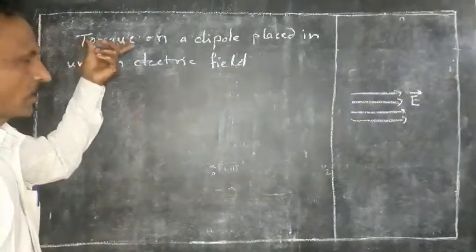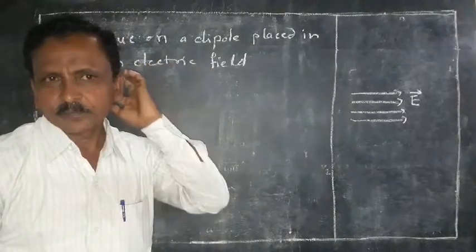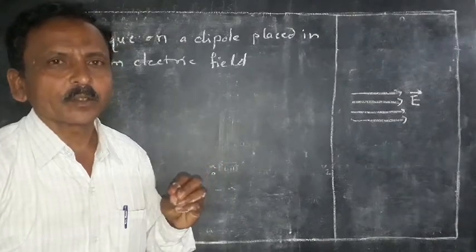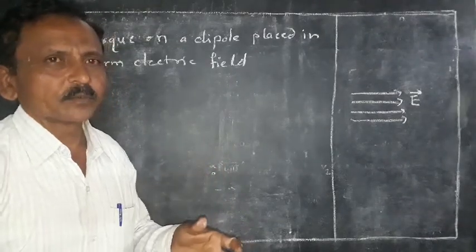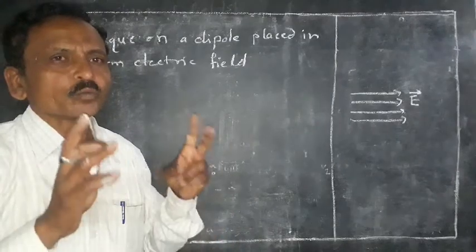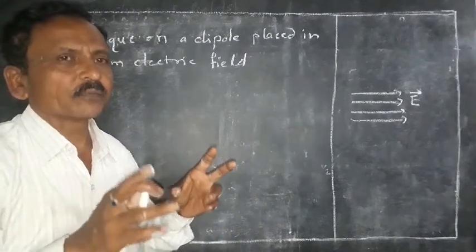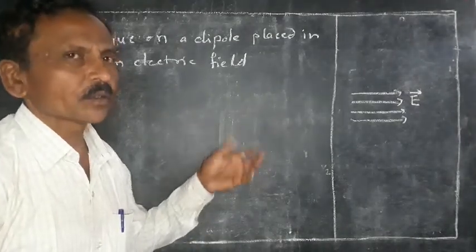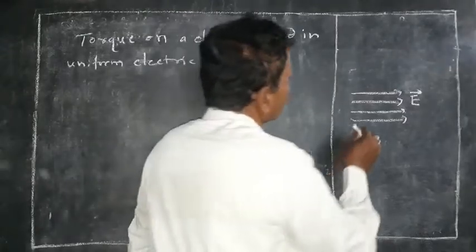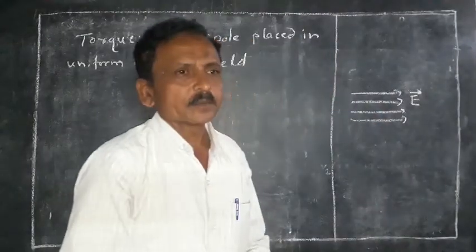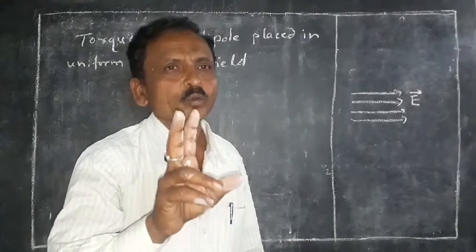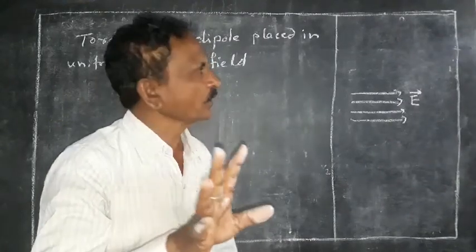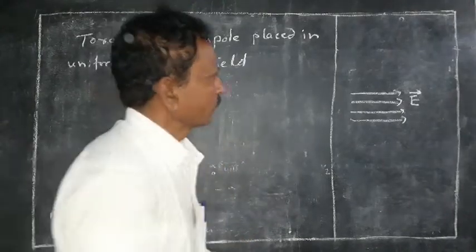And torque acting on a rigid body is nothing but the moment of couple. Couple is a system of two forces acting at different points of a rigid body. In previous classes, in first year, you have studied that a system of two equal and opposite forces acting at different points of a body is called a couple.